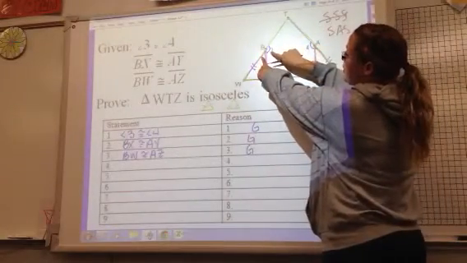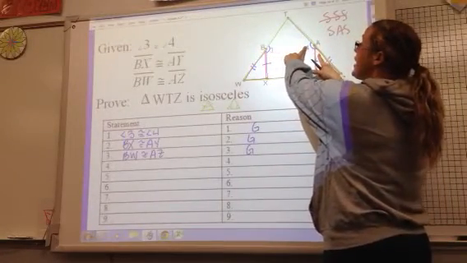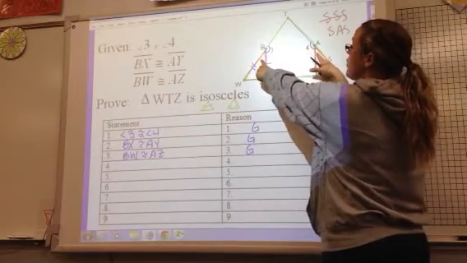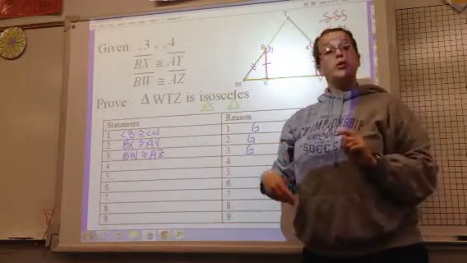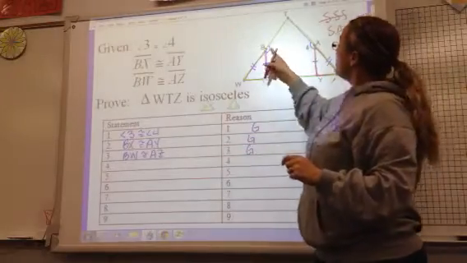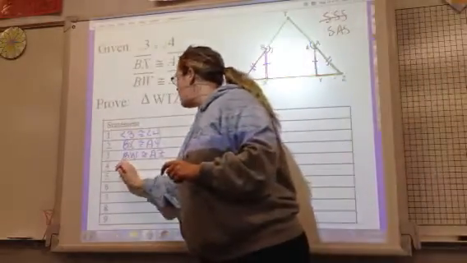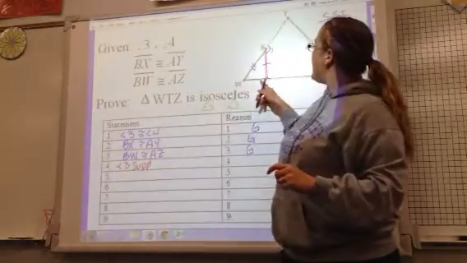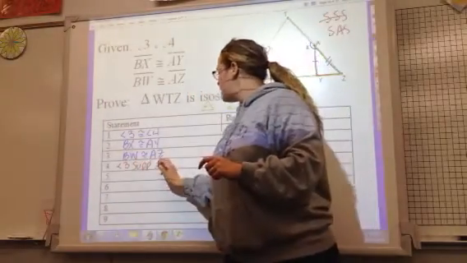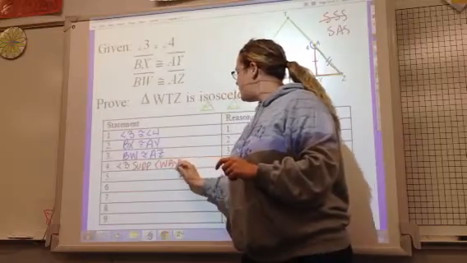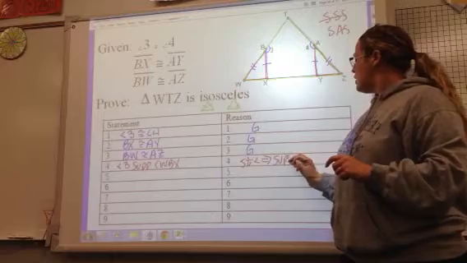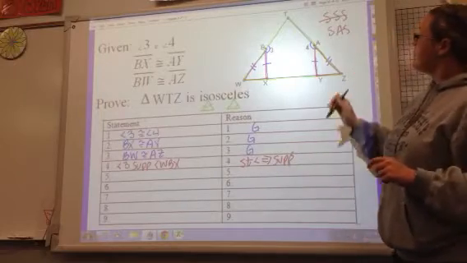These two angles are supplemental. These two angles are supplemental. So since these angles are congruent, those have to be congruent as well. So I'm going to go ahead and do that first. Angle 3 is supplemental to angle WBX. Straight angle implies supplemental.